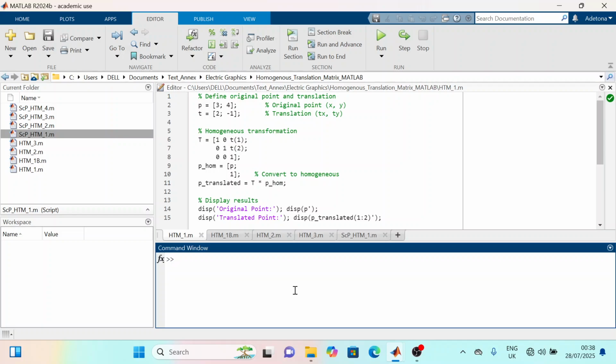Here, I'm presenting 4 different scripts. I'm starting with MATLAB script 1, and in this area, as I've told you before now, it is about a two-dimensional object.